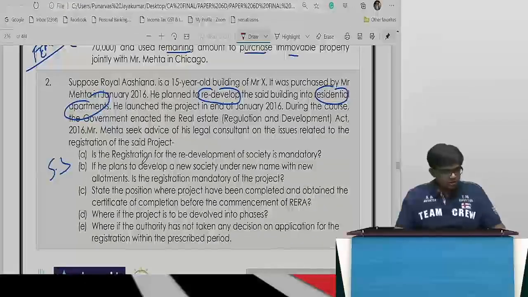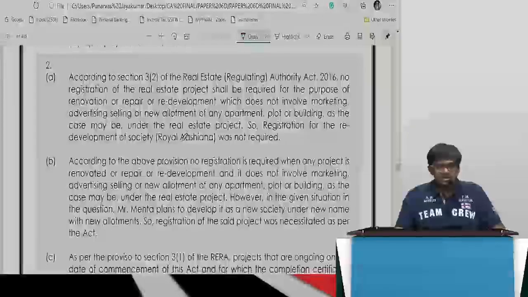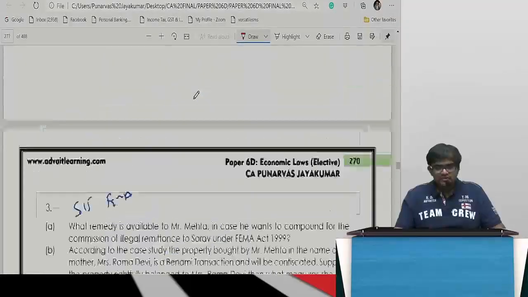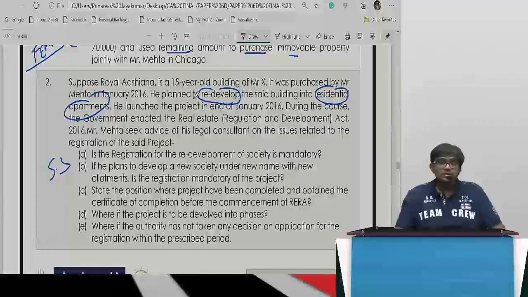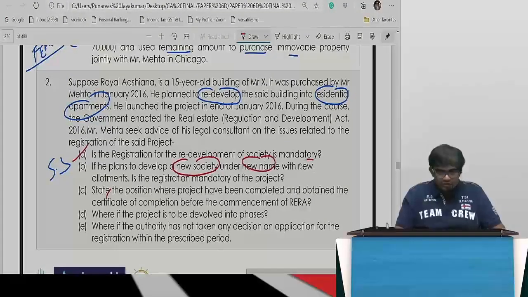But if you are launching a brand new residential project, then obviously re-registration will be needed. If it does not involve any marketing, if it does not involve launching it as a brand new project, but the old property they are redeveloping into residential area, then it is not needed. So for this it's not right. If you plan to have a new society under a new name with new allotment, then definitely it is mandatory.